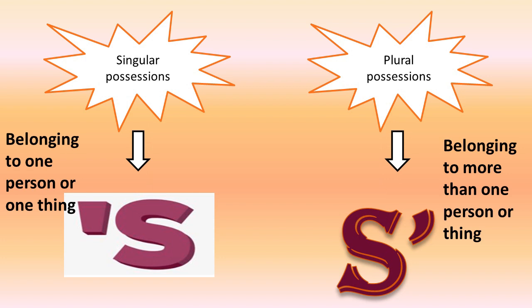So, singular possession means belonging to one person or thing. We use apostrophe s. And plural possession, that is, belonging to more than one person or a thing, we use s apostrophe.